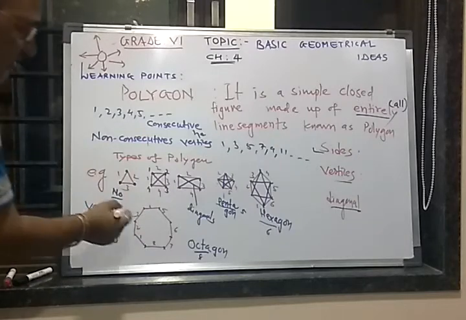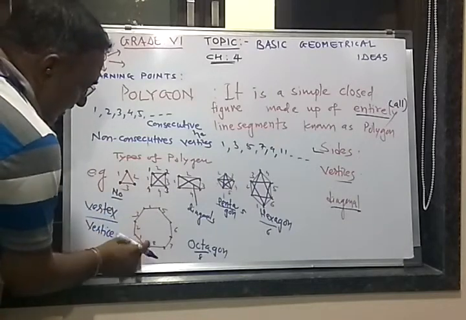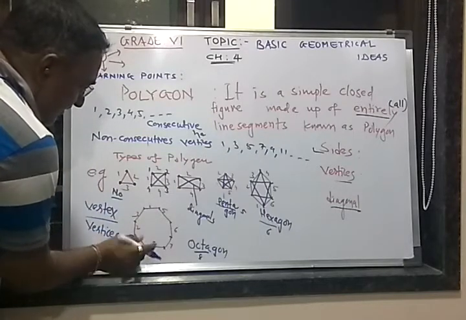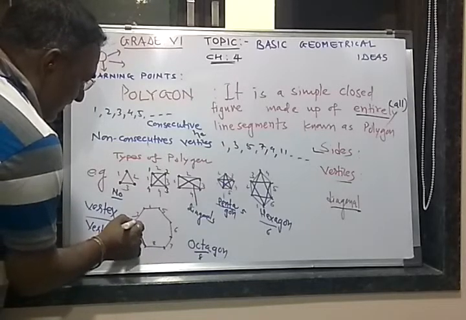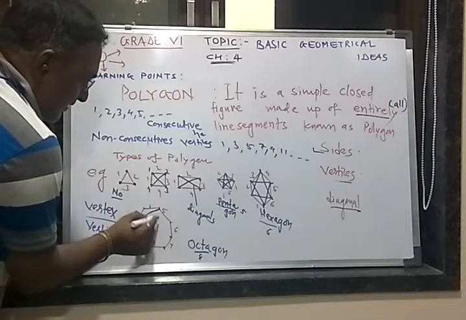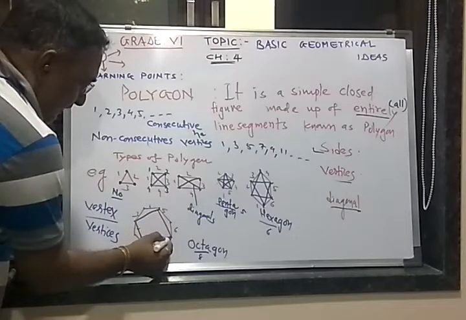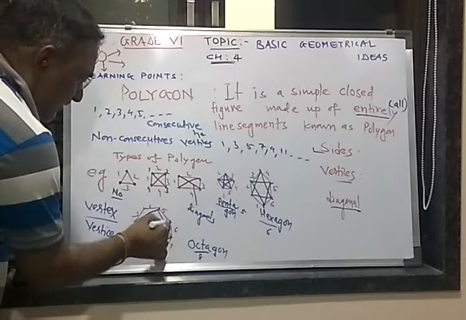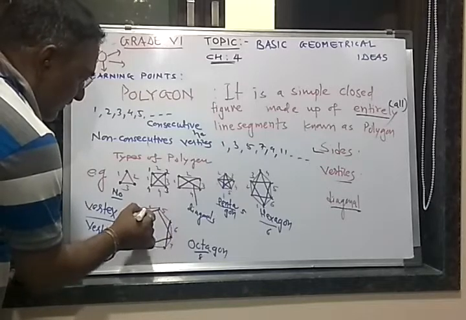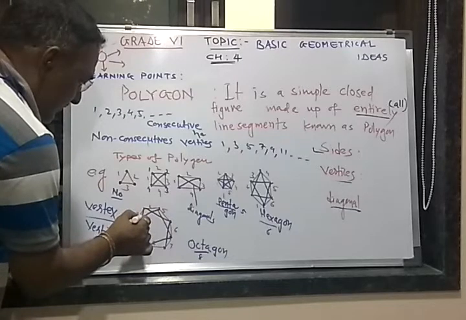Here also you can draw the diagonals. Let's see. Here one, then from here, not this, then this, then this, then this, then this. Okay, this, this.